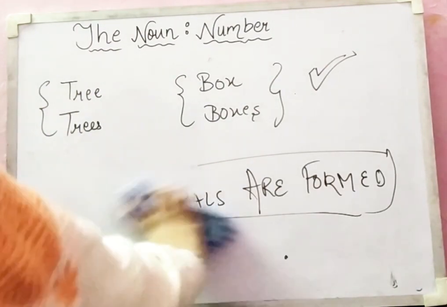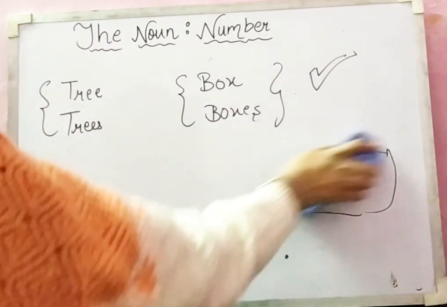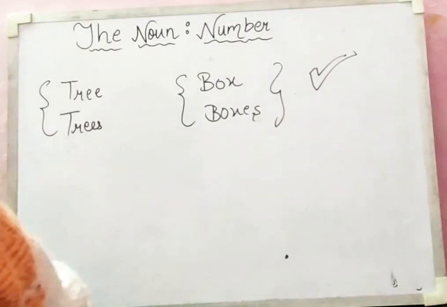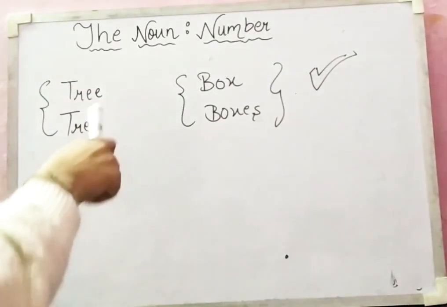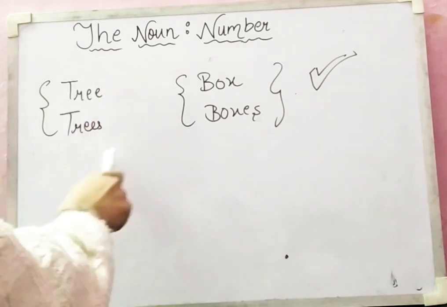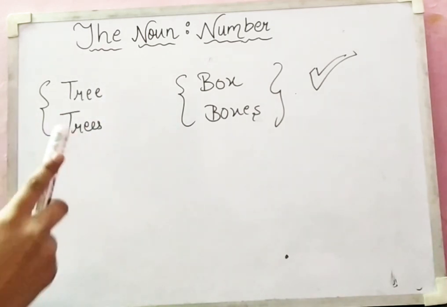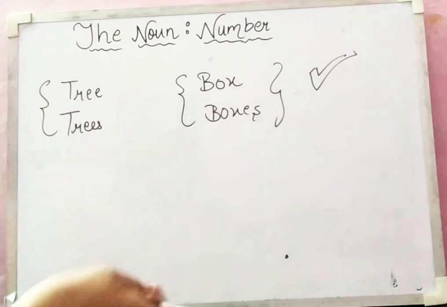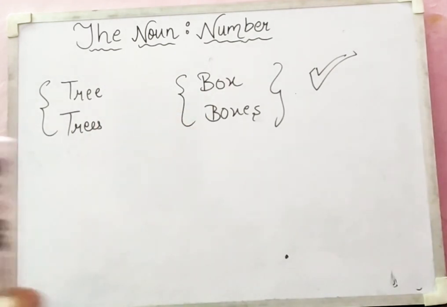In this I have written two examples. One is trees, and second is boxes. You can see the tree is one and trees are plural, meaning there are more than one tree. Similarly box is one, but boxes are many.